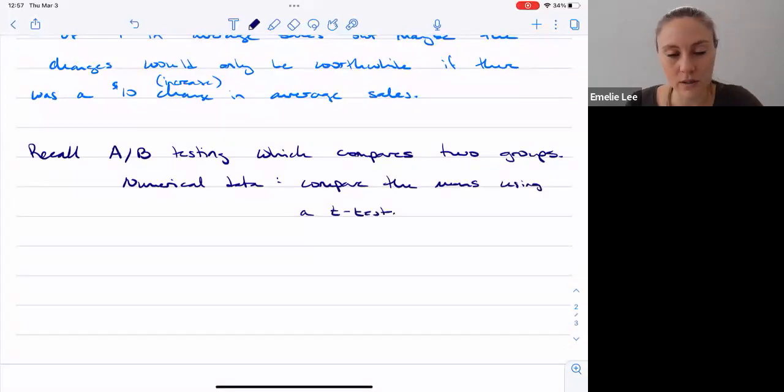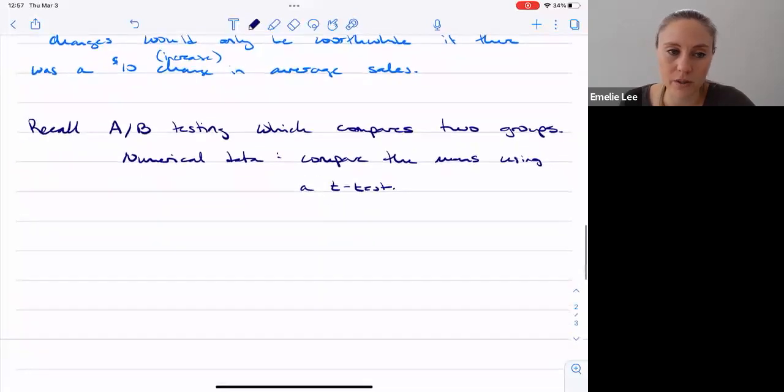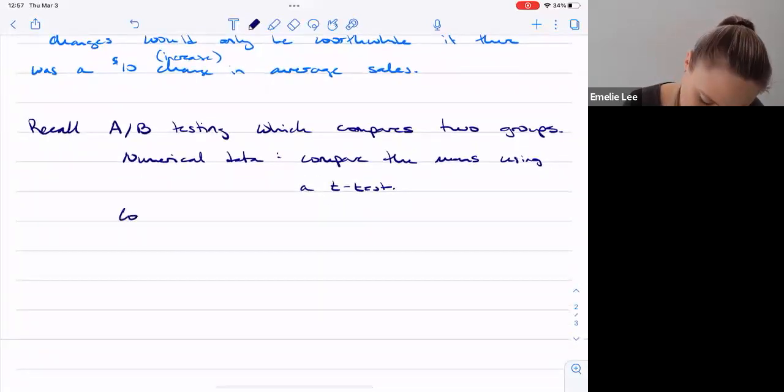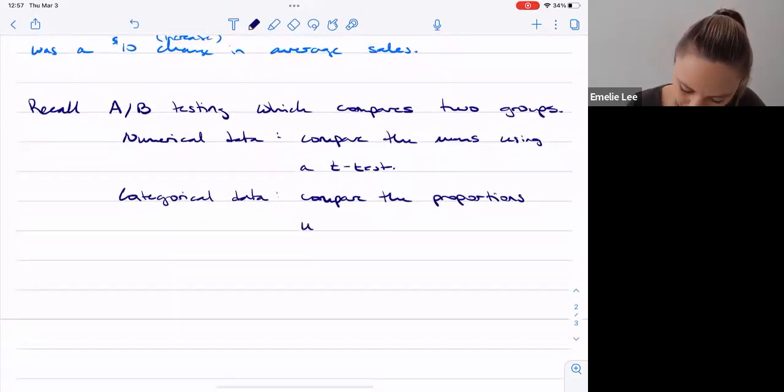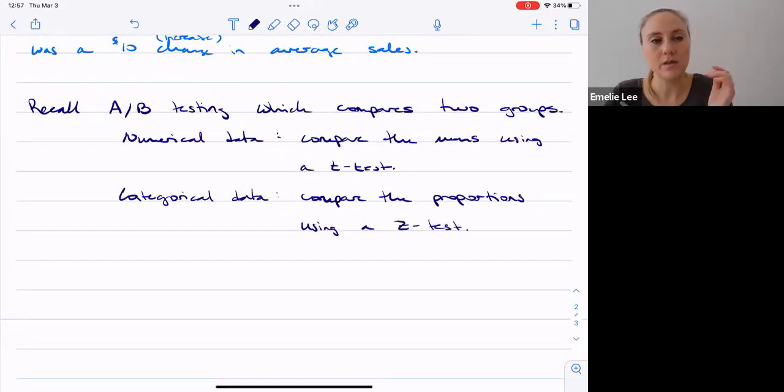And for categorical data, we can compare the proportions using a z-test. Right? So you'll probably remember doing that.